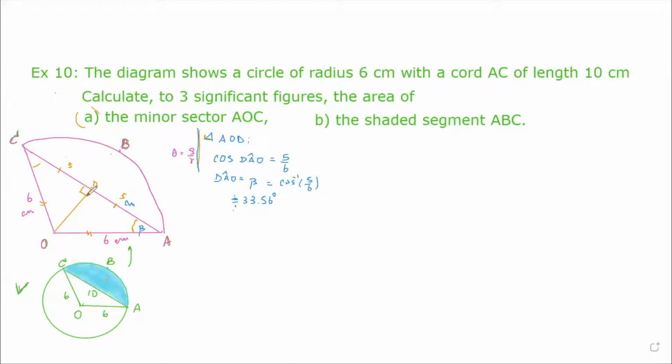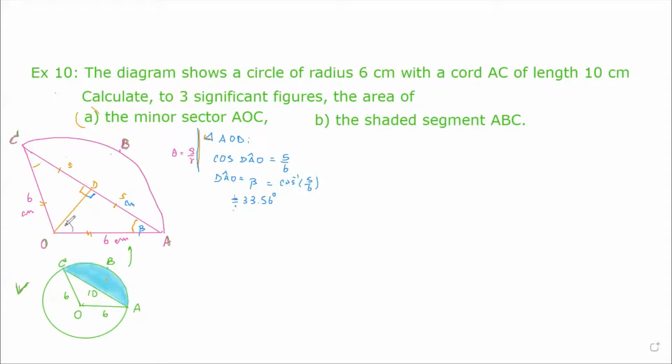Then because we know this is 90 degrees also, correct? So we can find this angle, because we need the formula of the area of the sector or the arc length. We need the angle here, at the center. So we can find this angle by using the triangle.